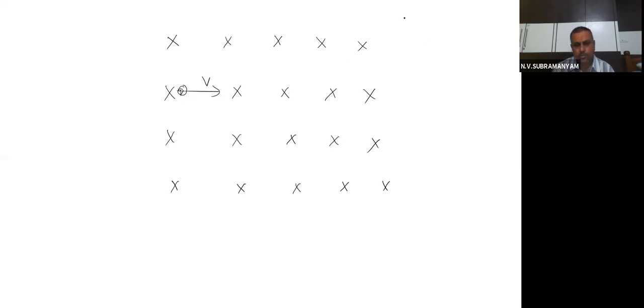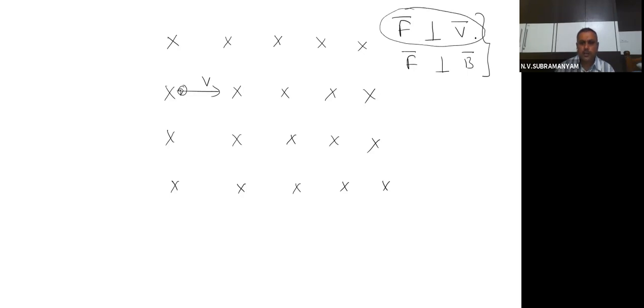How is the force? The rule is, it is perpendicular to the plane containing V and B. That means force is perpendicular to velocity. And force is also perpendicular to magnetic field. These are the two rules you must remember. Now concentrate on the first one. Force is perpendicular to velocity. I want to tell one important point.